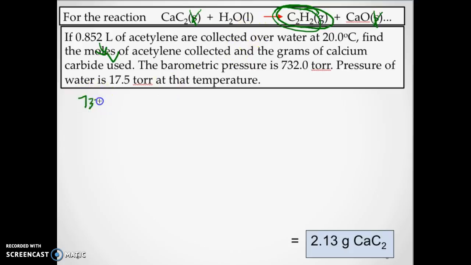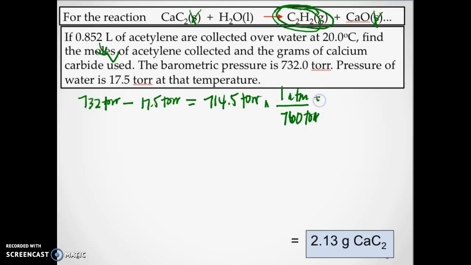So if we subtract the total pressure minus the pressure of water, according to Dalton's law, we could do this, then we're going to get a slightly smaller number, which is 714.5 torr. And I'm going to convert this again into atmospheres because that's what we're going to use in the PV equals nRT equation, and I get this many atmospheres.